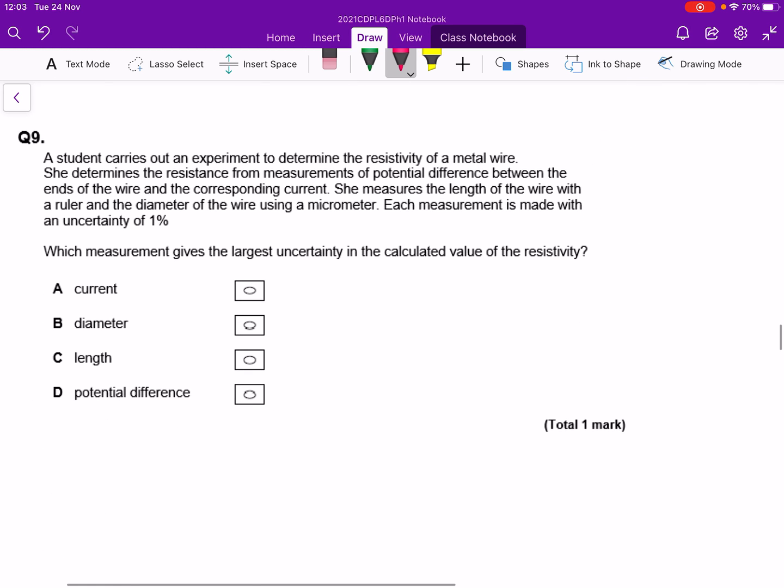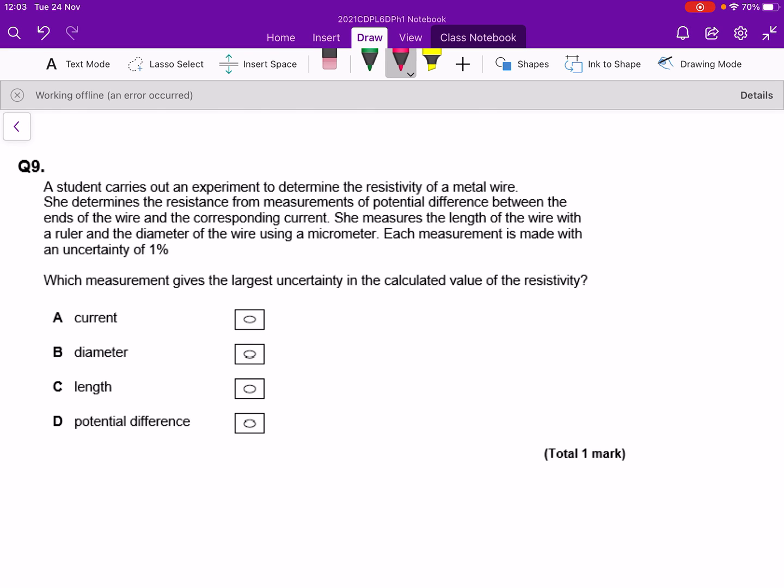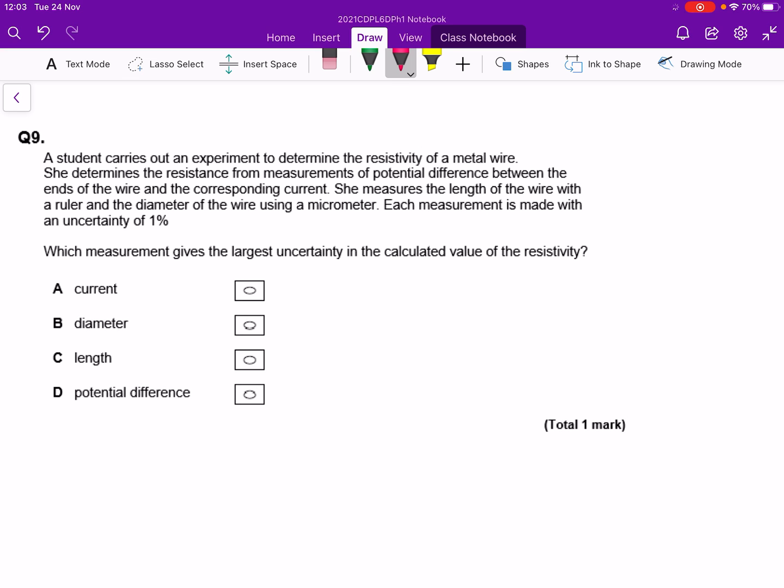Question 9. A student carries out an experiment to determine the resistivity. Measures the emf of the wire and the current, measures the length of the wire with a ruler and the diameter using a micrometer. Each measurement is made with an uncertainty of 1%. Which measurement gives the largest uncertainty in the calculated value of the resistivity?